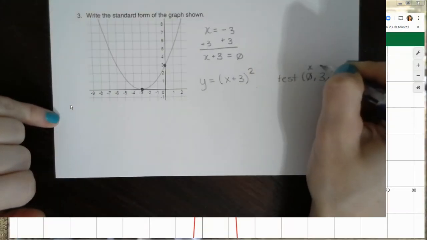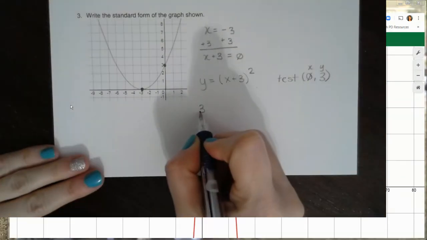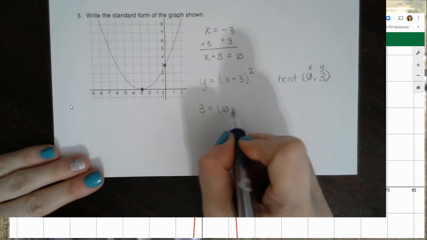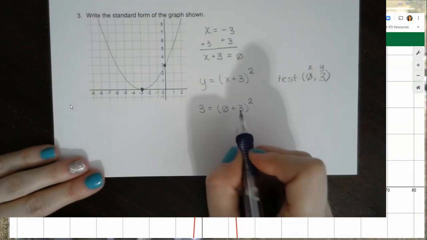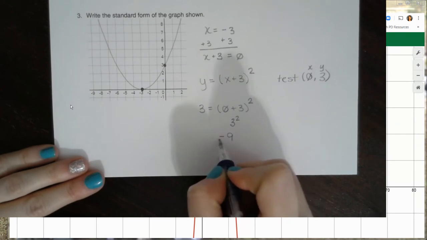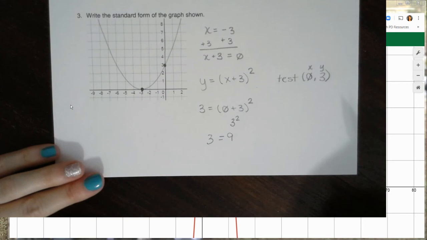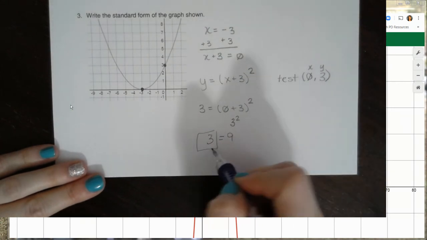So this is my x value and this is my y value. So I'm going to go ahead and substitute those in. So 0 plus 3 gives me 3. 3 squared gives me 9. 9 is not equal to 3. Now I know this has to stay as it is.